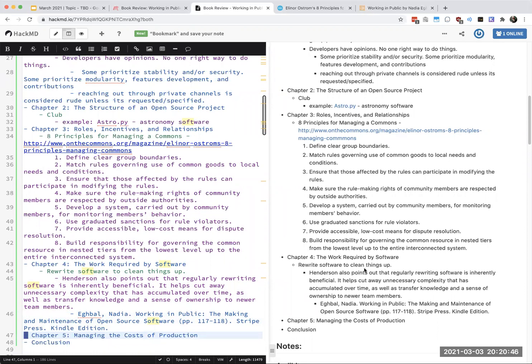So rewrite software, clean things up. Henderson also points out the regular rewriting of software is inherently beneficial. It helps cut away unnecessary complexity that has accumulated over time, as well as transfer knowledge and a sense of ownership to newer team members.